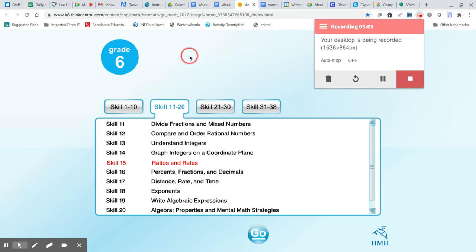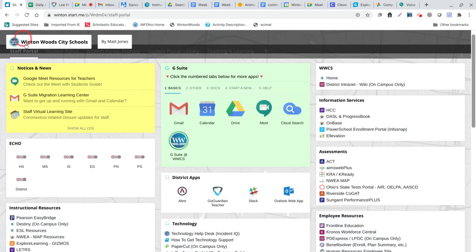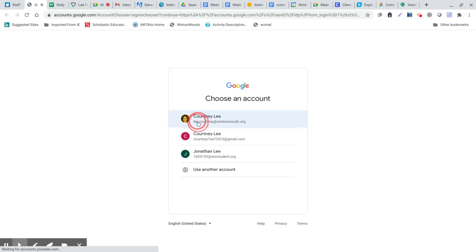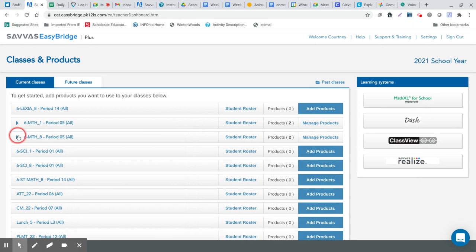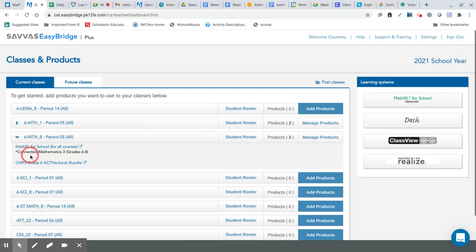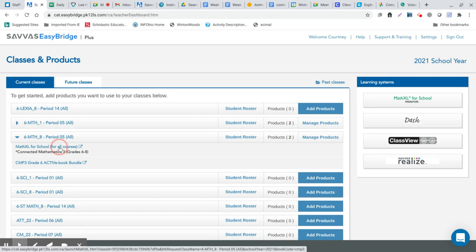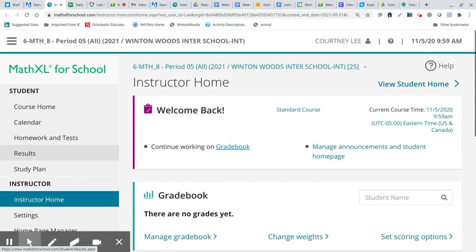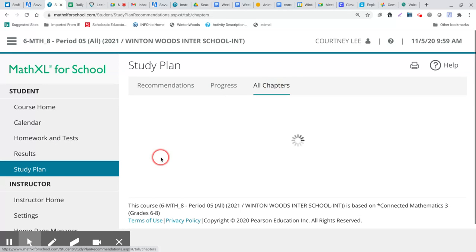All right, so for the study plan, Pearson Easy Bridge, Math Excel for School for all courses over here on the left. The way they are setting this up is they actually have broken down study plan, all chapters, comparing bits and pieces is unit 2.